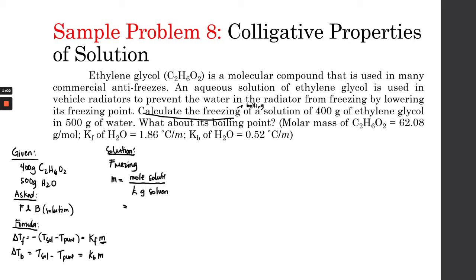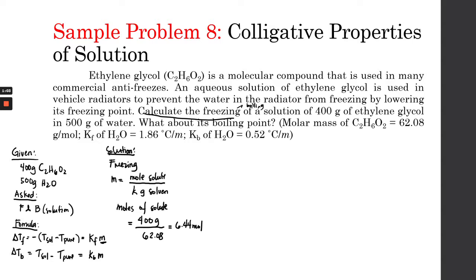So first, let's identify the moles of our solute. To identify the moles of our solute, we can get the mass of our solute, which is 400 grams, divided by the molar mass, which is 62.08. And the moles of our solute is 6.44 moles.